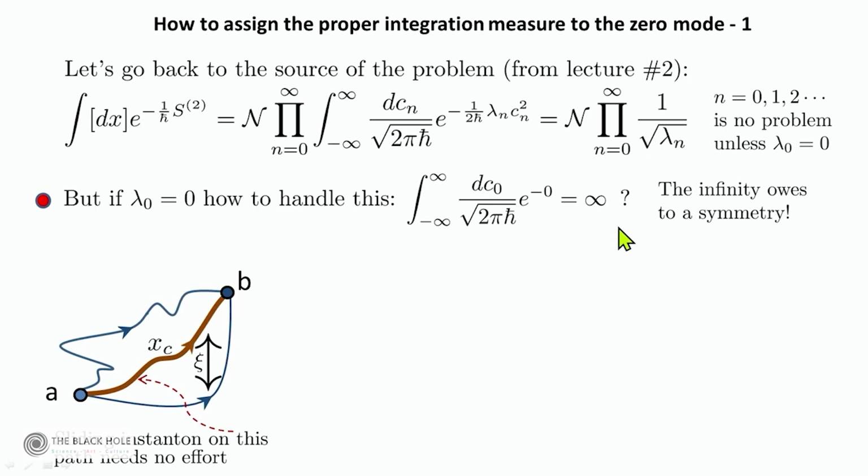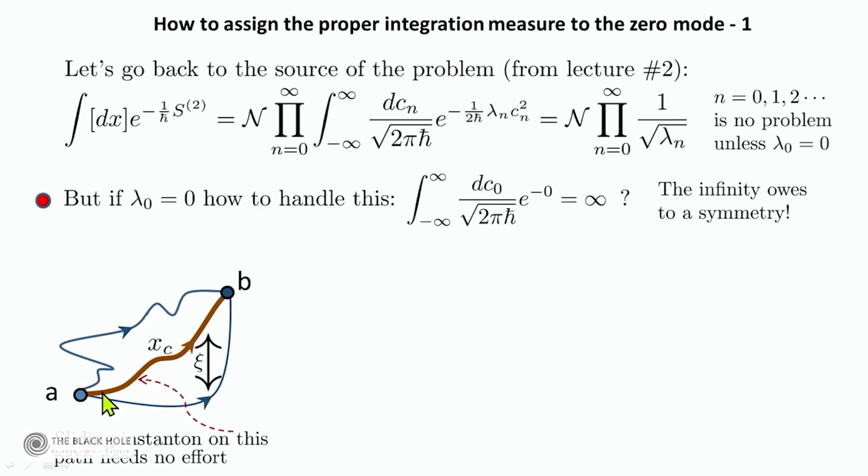We understand where this is actually coming from. That infinity is coming from the fact that it takes no effort to slide an instanton along this path. In other words, the instanton could cross the axis. So think of x versus tau.